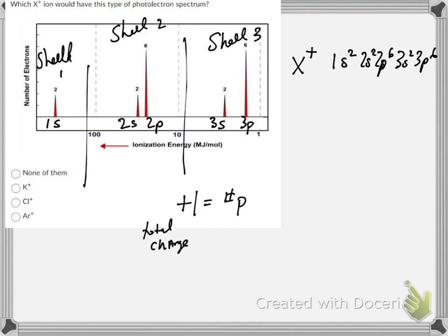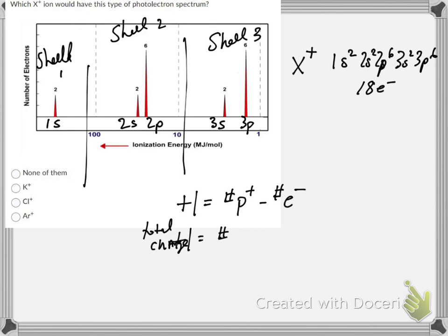This equals the difference between the number of protons minus the number of electrons. So we can calculate how many protons there are. We sum up all the electrons, either through the photoelectron spectrum or from the electron configuration.